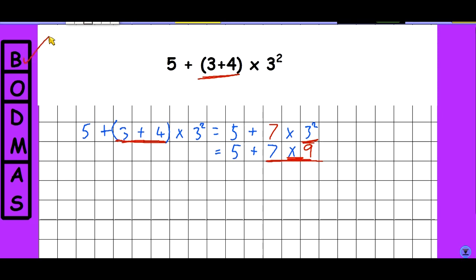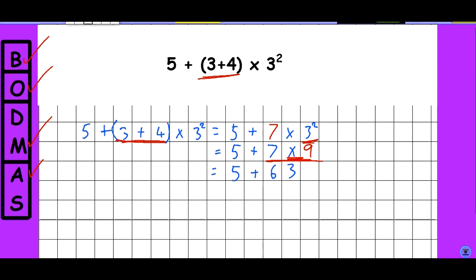So we've ticked off our brackets, we've ticked off our orders. Next, we're doing the multiplication. So we write it out again. 5 plus 7 times 9 is 63. And at long last, we get to do our addition now.